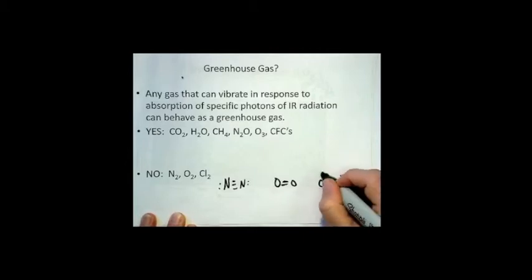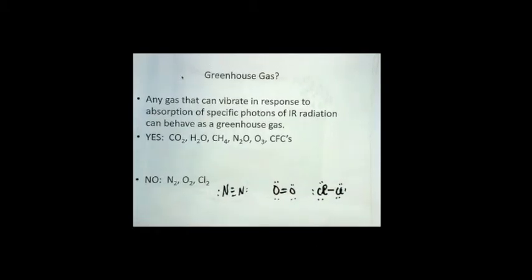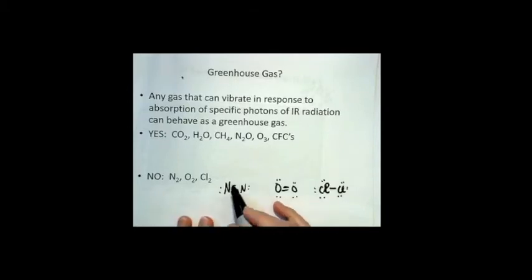This is chlorine. You have to have a change in the overall electron distribution of the molecule upon the infrared absorption. The vibration has to change the overall electron distribution.